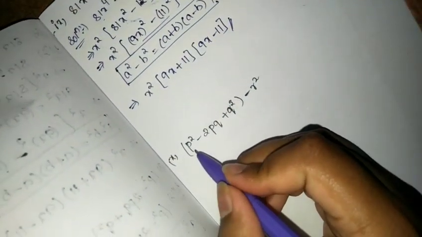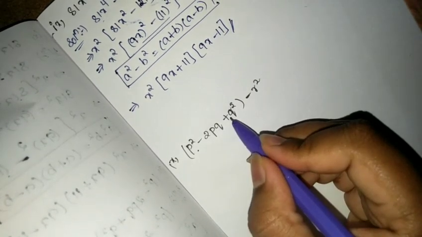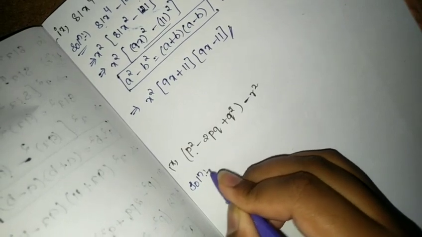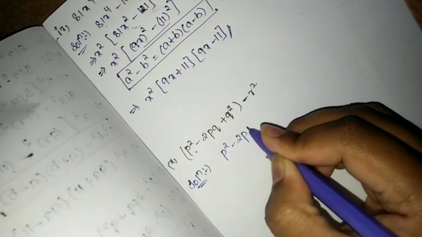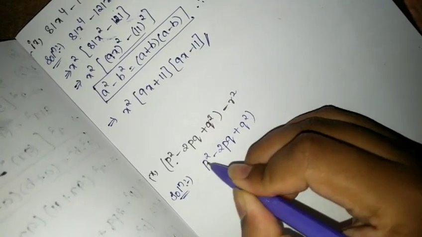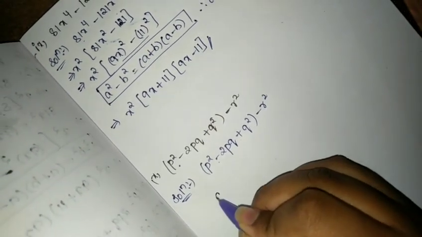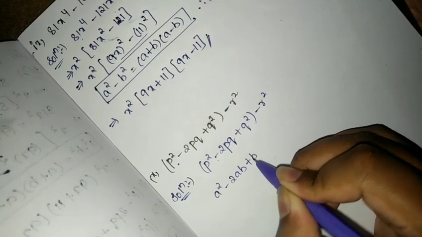So next problem is 10th one. P square minus 2pq plus q square minus r square. Solution for this is p square minus 2pq plus q square minus r square. So it is in the form of a square minus 2ab plus b square.